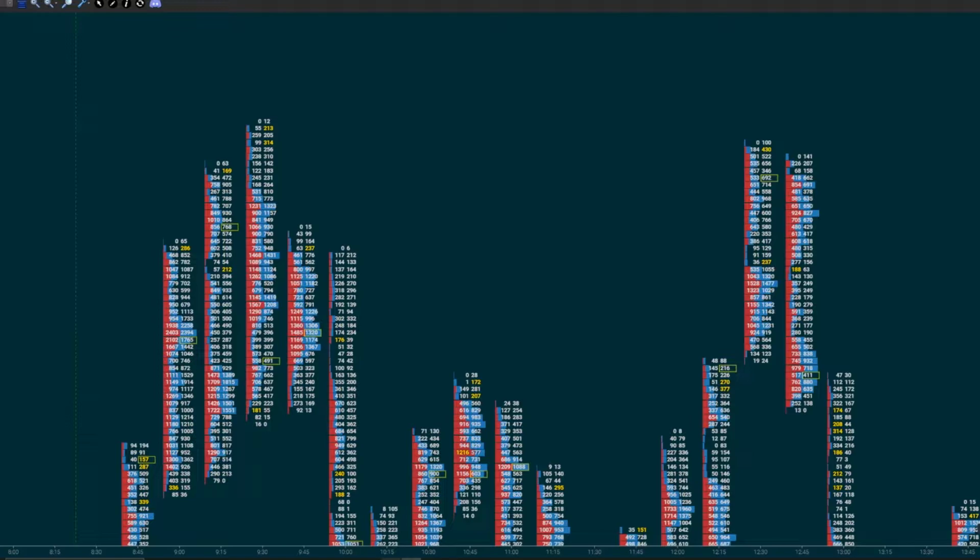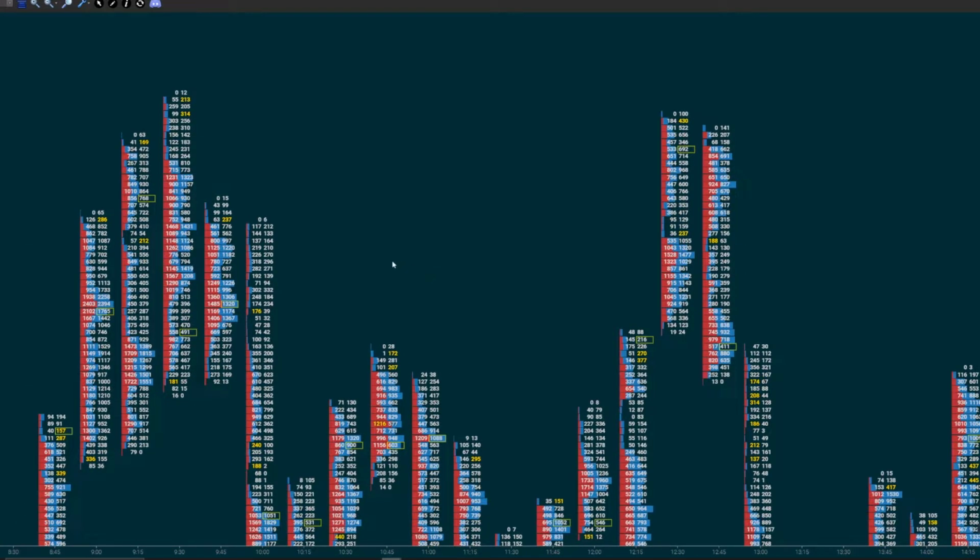So, we're going to talk about footprint. Footprint can be very useful to determine certain places of interest that the DOM is just too fast to catch.